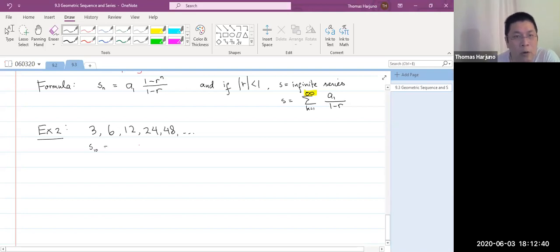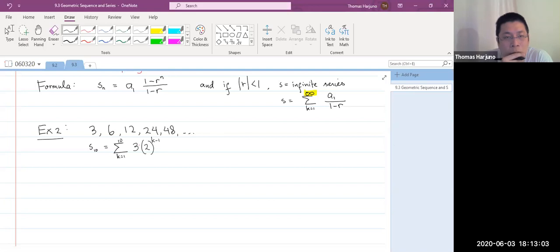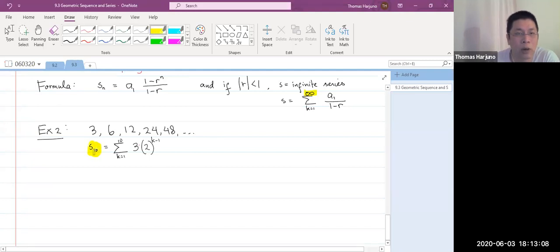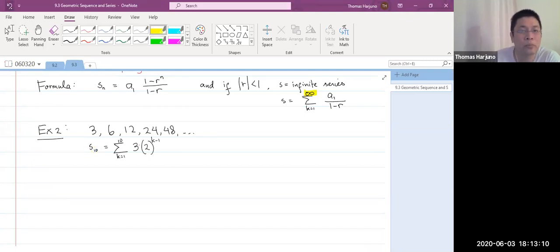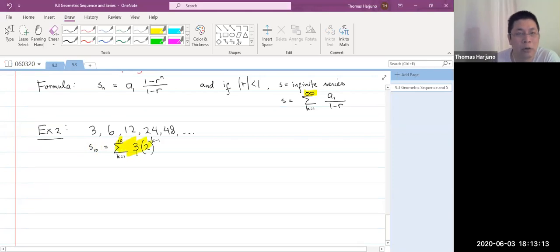Now, what is the general term here? The first term is 3. The common ratio is 2, so it's 3 times 2 to the power of k minus 1. So this is the summation notation for the 10th partial sum of a geometric series.